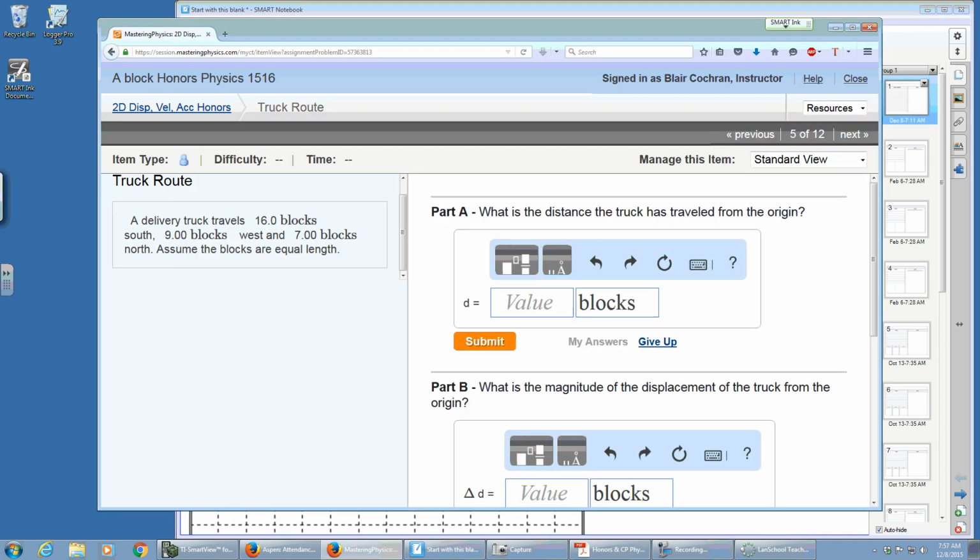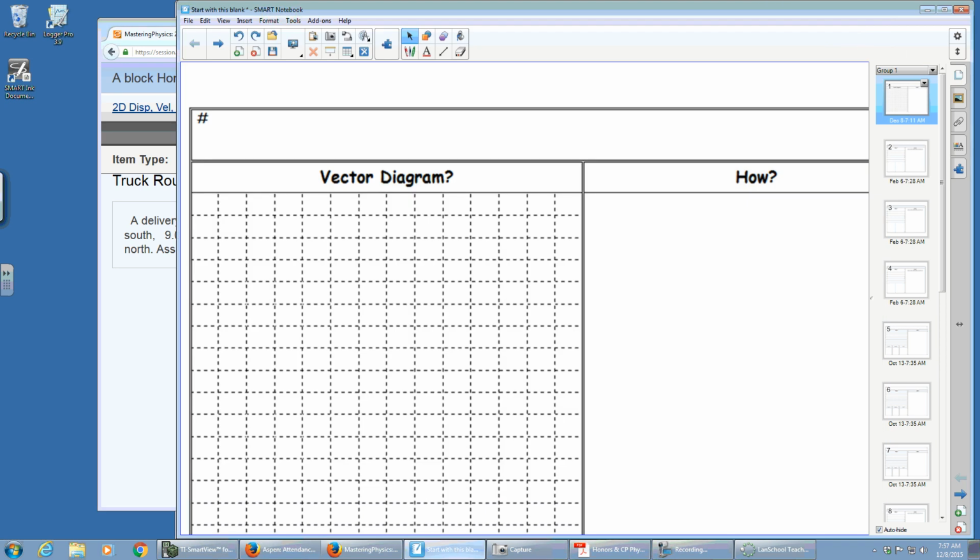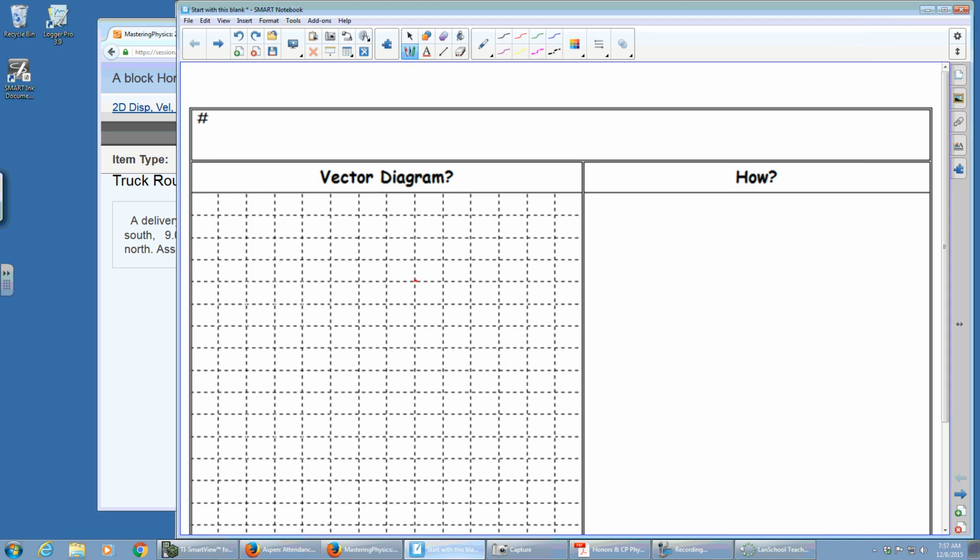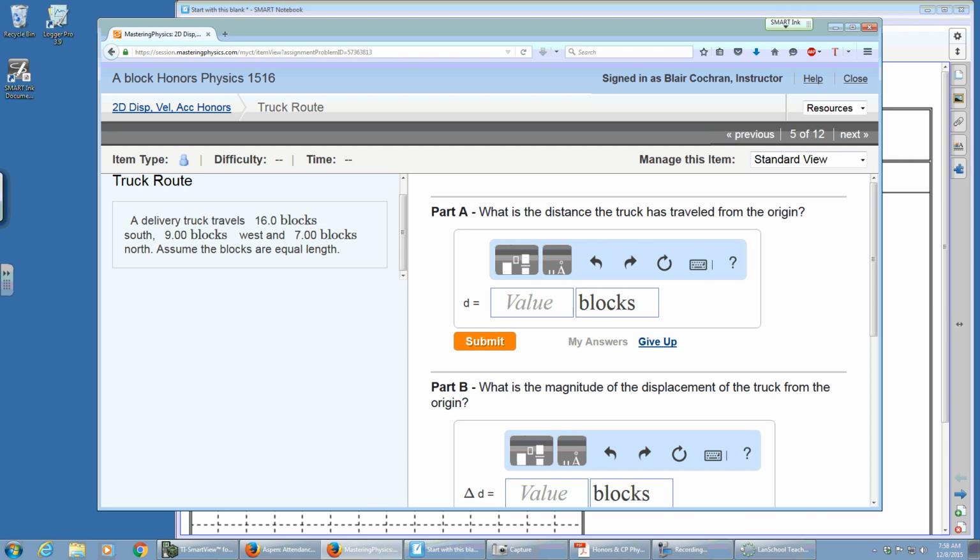So 16 blocks south. We're going to start right about here. And stage one, let's see, 1, 2, 3, 4, 5, yeah. I'm going to call that 16. Then 9 blocks west.